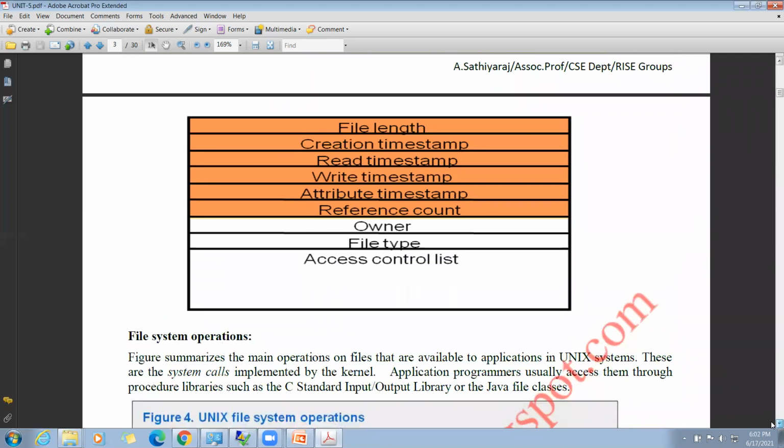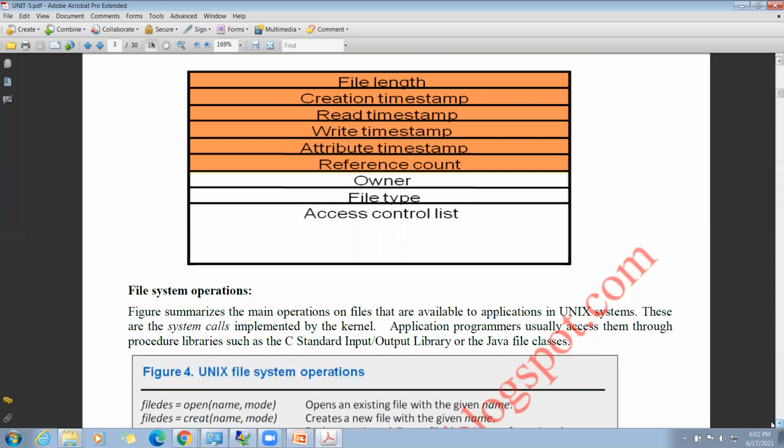Here we are, these are some file attributes. The length of your file, the file creation timestamp, read timestamp, write timestamp. That means when we are performing a read operation, that's the read timestamp, and the write timestamp is when we perform the write operation.